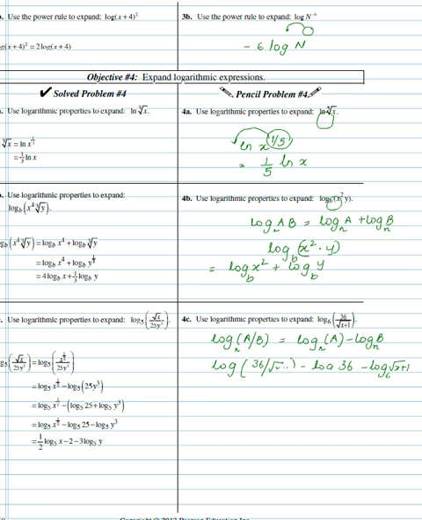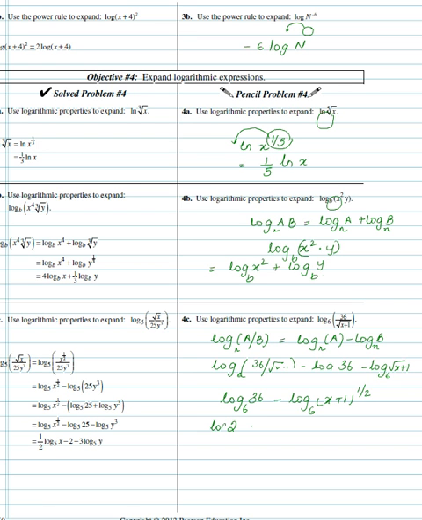Now log 36 to the base 6 minus log the square root now becomes x plus 1 to the power half, base 6. Log 36 to the base 6 is simply 2 because 36 is 6 squared.